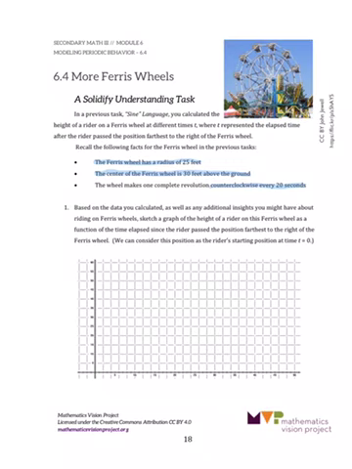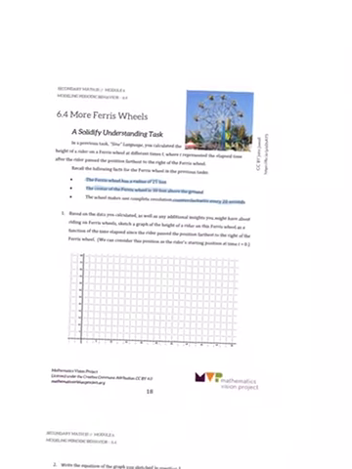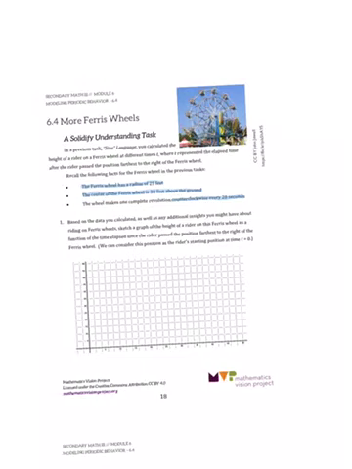Okay. So what we're going to need to look at first is just thinking about the Ferris wheel. Let me sketch a quick Ferris wheel here. And we're saying, okay, the radius is 25 feet. So that's going to be the radius right there.